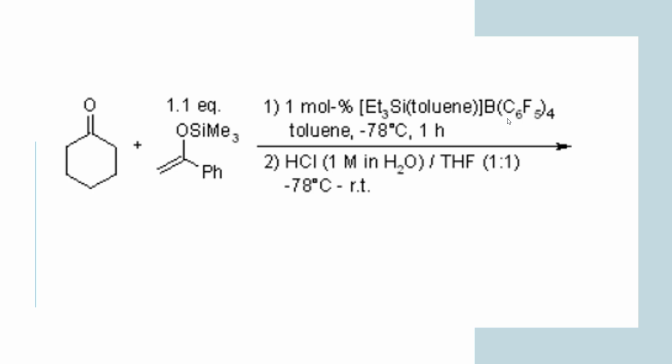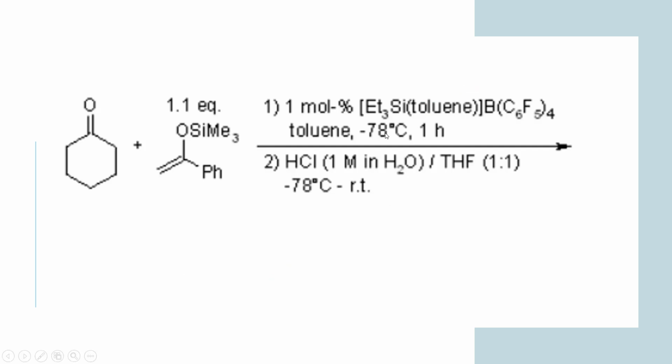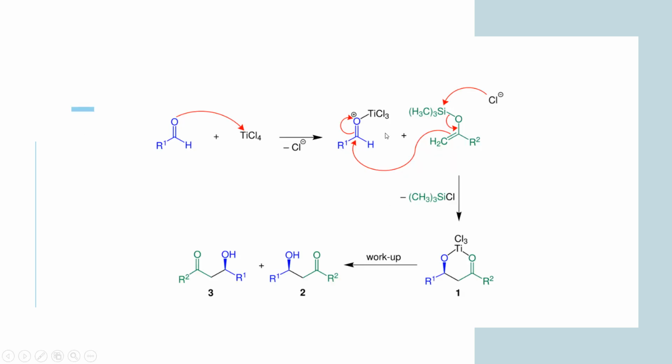It is Mukaiyama aldol reaction. Okay, and the second step is just workup stage or hydrolysis. So mainly focus on the first step. So let us look at the reaction mechanism that this reaction is going to follow. Okay, this is basically the Mukaiyama aldol reaction.